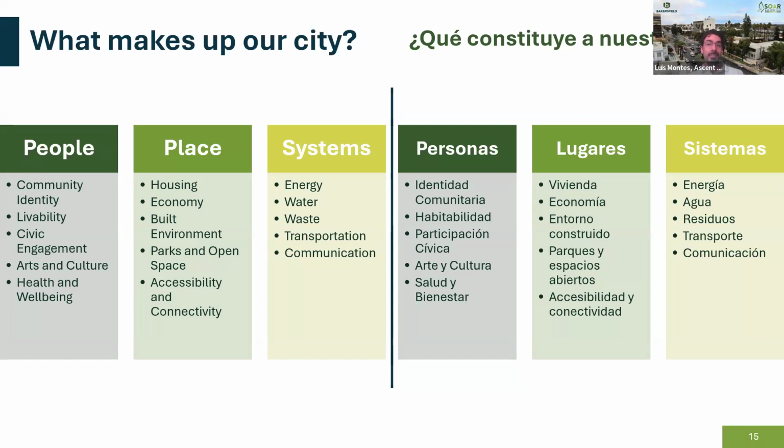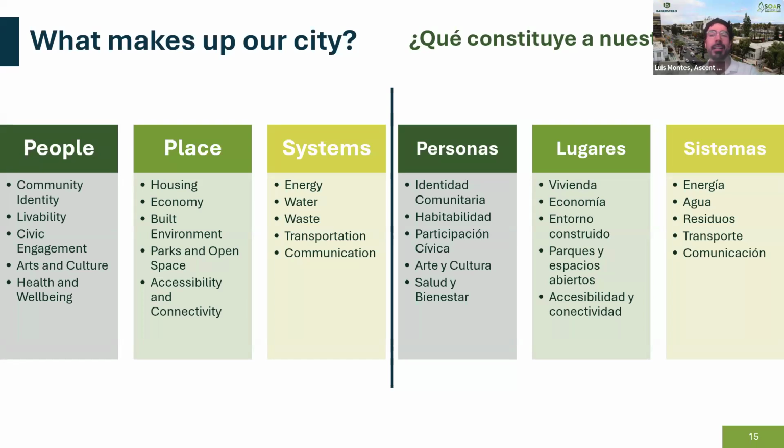We have place. Our environment includes housing, the economy, the built environment, parks and open spaces, and accessibility and connectivity. And then we have systems. That's our infrastructure. It includes energy, waste, water, transportation, and communication.